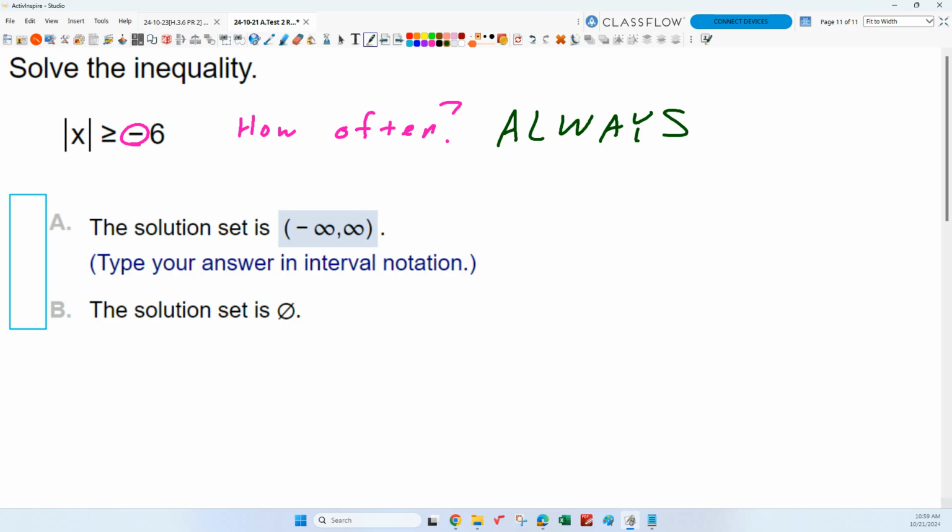The answer is obviously A. It's not no solution. It's obviously A. They want the interval notation. Oh, I guess I already gave you the answer. They want the interval notation for all reals. Well, isn't it just that? Everything from negative infinity to positive infinity? How do we feel about this? Good? All right. Test tomorrow.